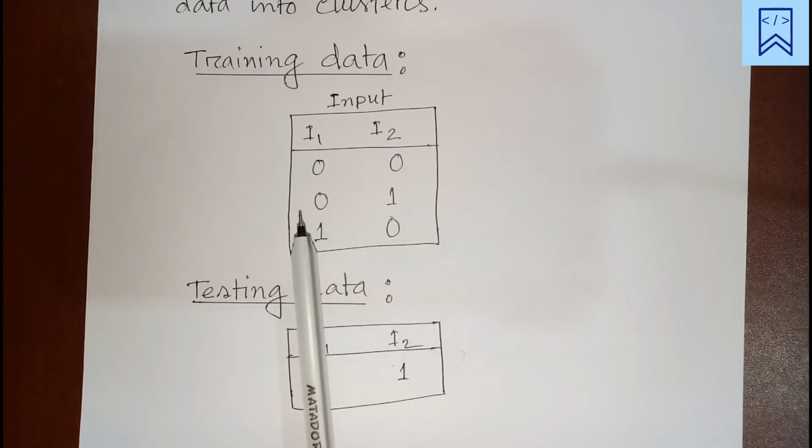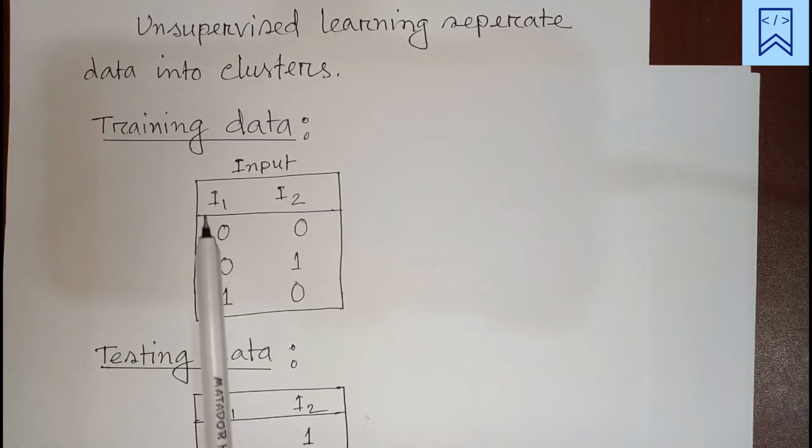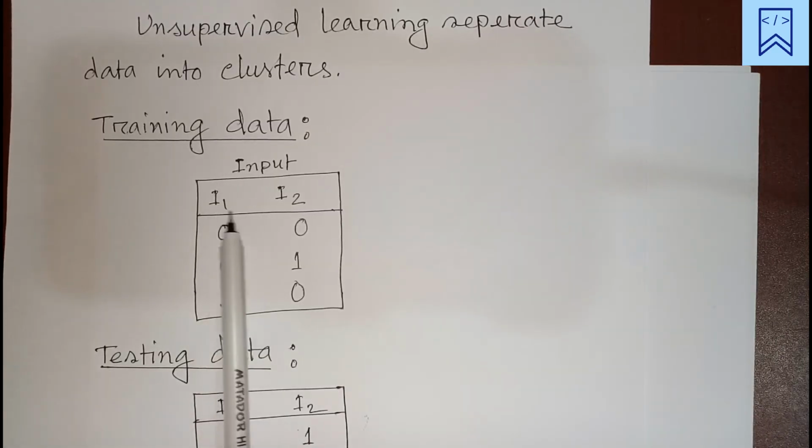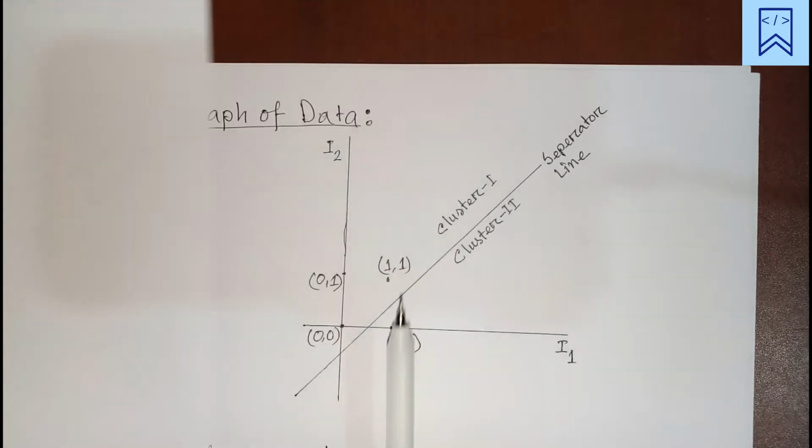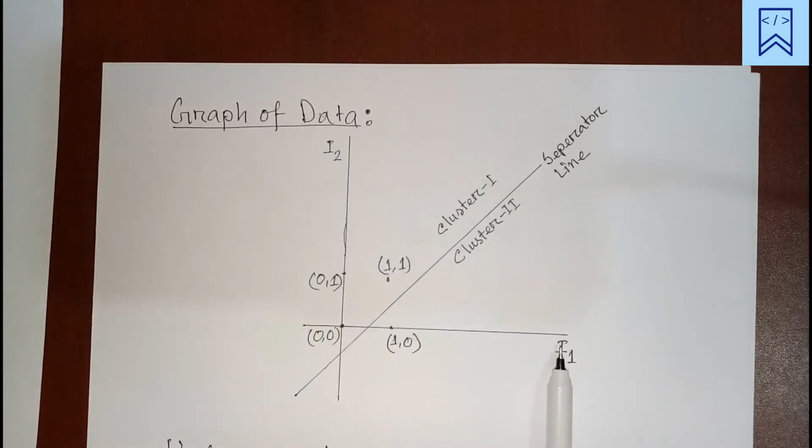Now let us look at how this training data and testing data can be represented in a graph. In the graph, if we represent I1 in x-axis and I2 in y-axis, then the graph could be like this. In x-axis I1 and in y-axis I2.